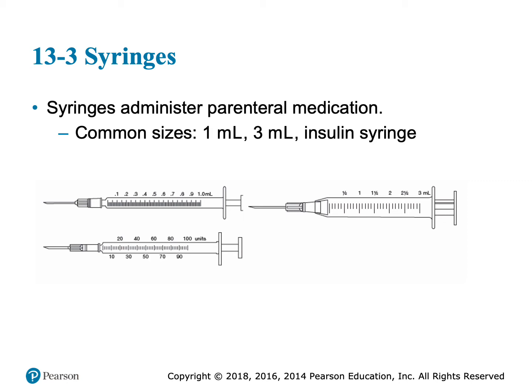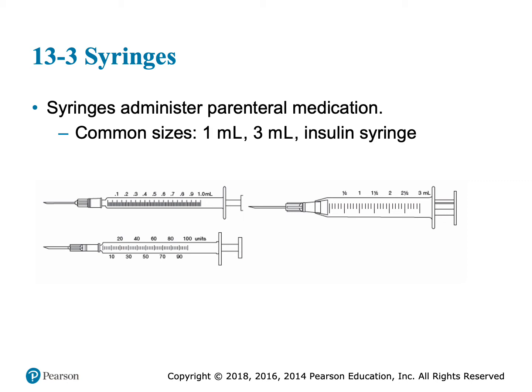There are some syringes that do still say cc's, but most of them these days say mLs. So let's look at each of these syringes individually. So first, let's take a peek at the 1 ml syringe. So we'll notice that the measurements are in hundredths and tenths of an ml. This is used for injecting less than 1 ml and typically greater than half an ml.